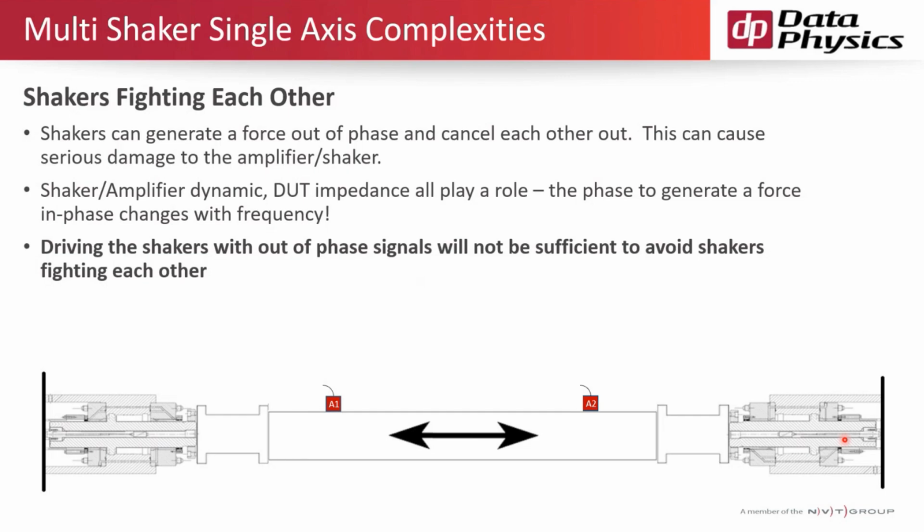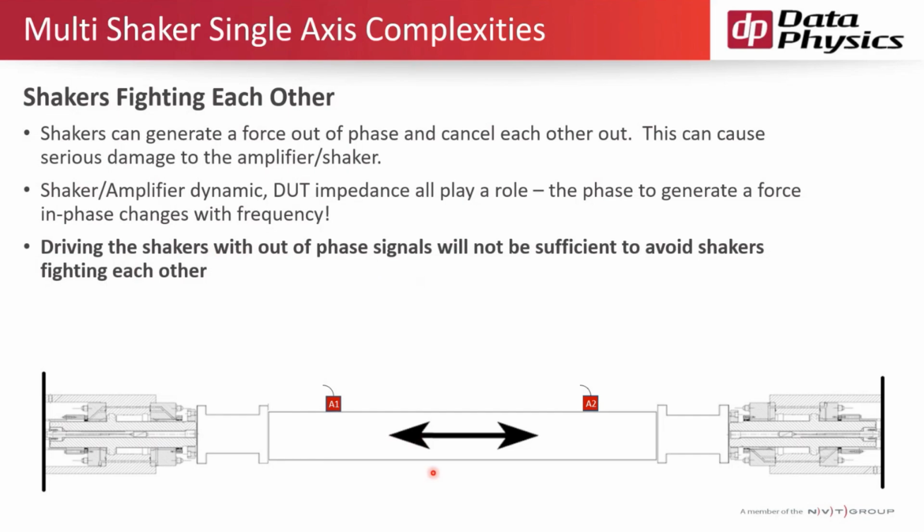On top of that, the amplifier dynamics, the device under test, and your modes all form the complex impedance that the shaker sees when it's trying to move, and together will change the relative phasing between the two shakers, the way you need to drive them to make sure they don't output a force that's going to cancel out. Driving the shakers with out-of-phase signals will not be sufficient to prevent the shakers from fighting each other.